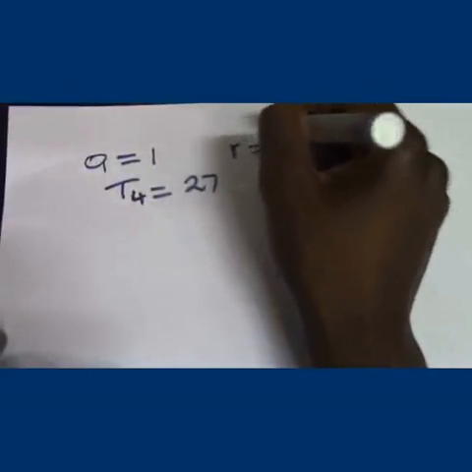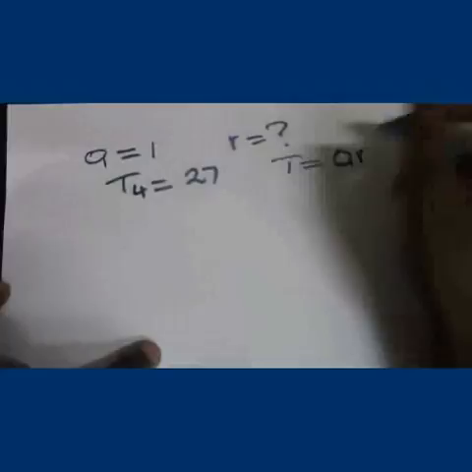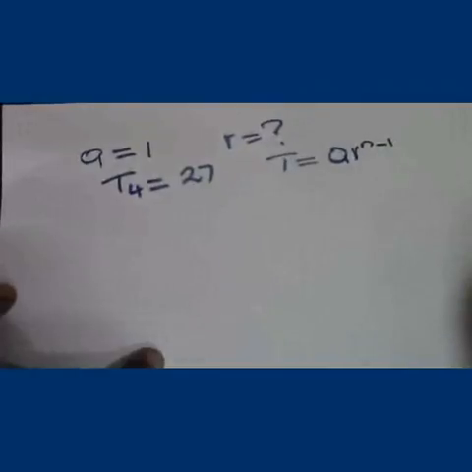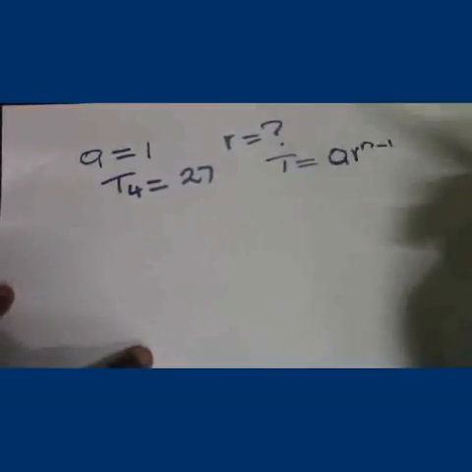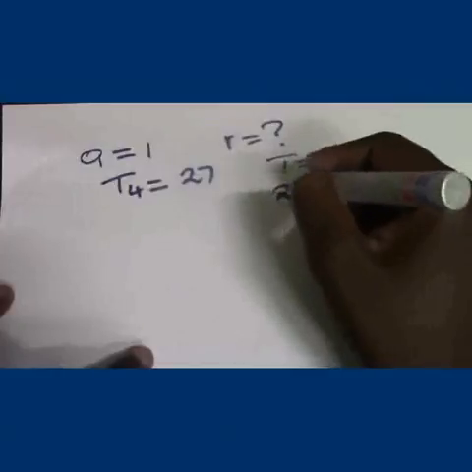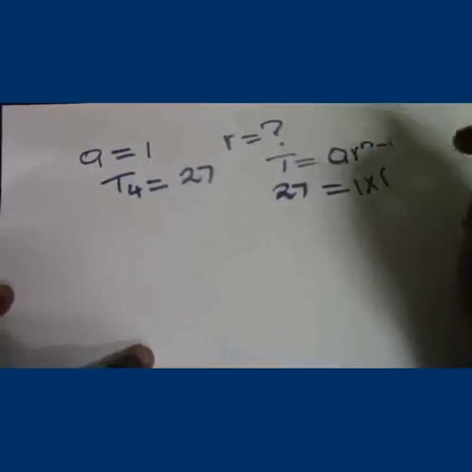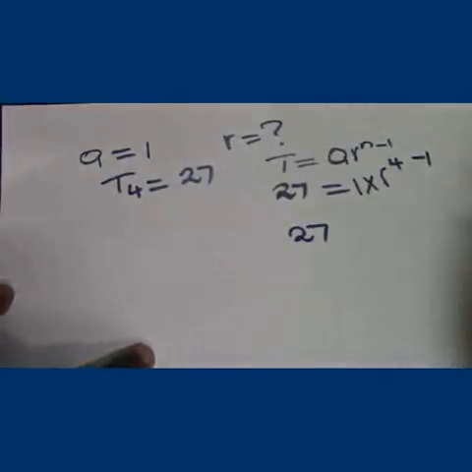So r we must find. We can say T4, we use the formula for the term of a geometric sequence, a r^(n minus 1). We were given the fourth term. So we know that it is 27, a is 1, r we don't know, but n is 4 minus 1. So 27 is equal to r to the power 3.